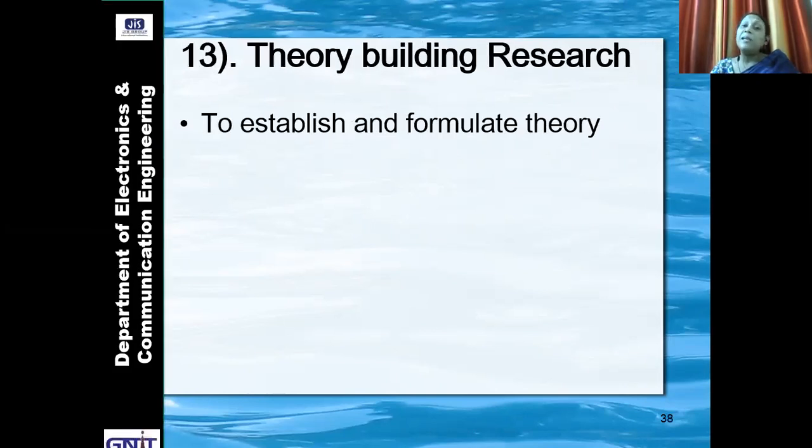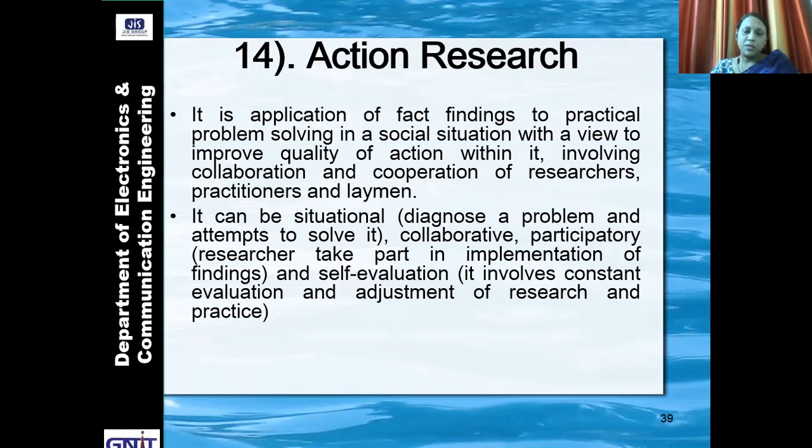Next is theory building research. So theory building research means, the first one was testing; this is to establish and formulate a theory. Now you have to build some data on the basis of that theory. That is called theory building research. So the 14th one is action research.